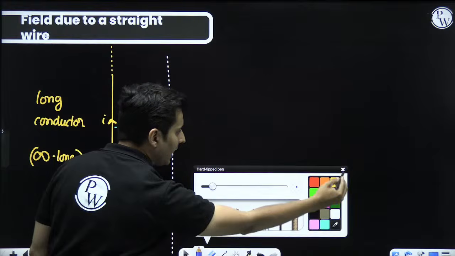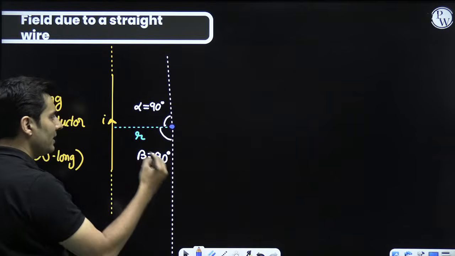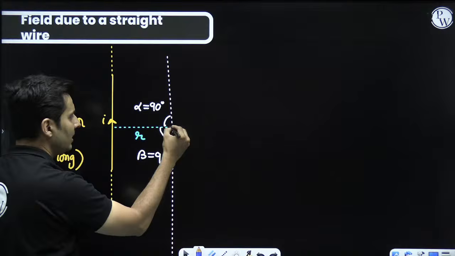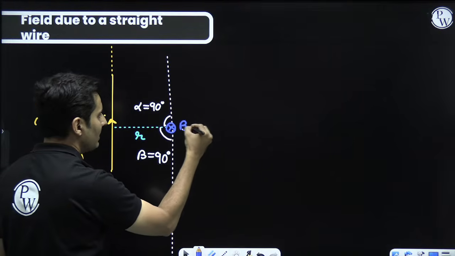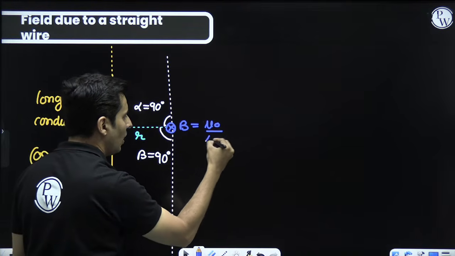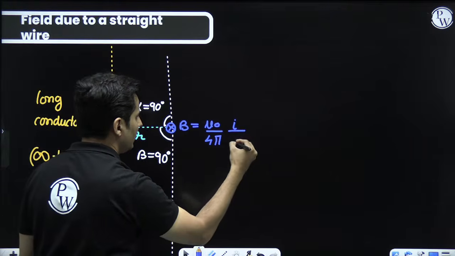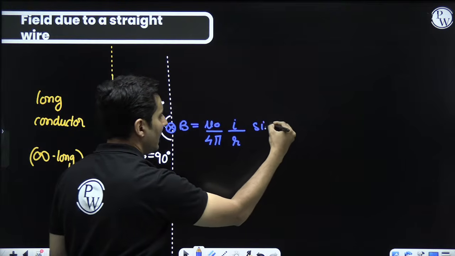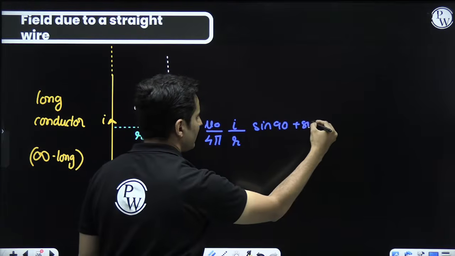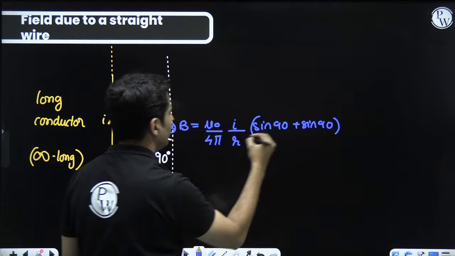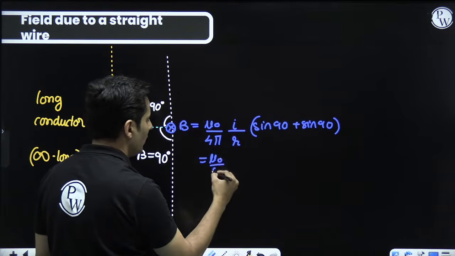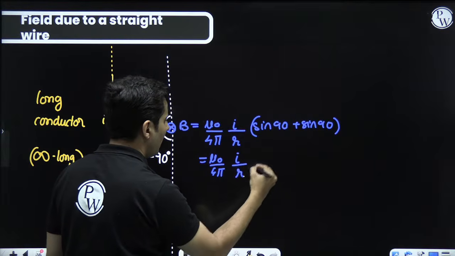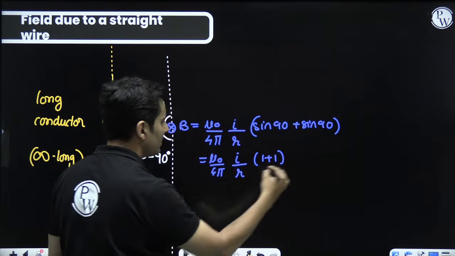So when I try to figure out what is the magnetic field, right now it will be inside. What will be the magnetic field? It will be mu naught by 4 pi current divided by R, sine 90 plus sine 90. Sine 90 is 1. So it will be mu naught by 4 pi I by R, 1 plus 1, which is nothing but 2.